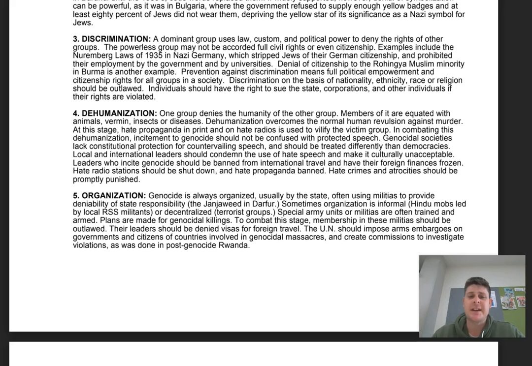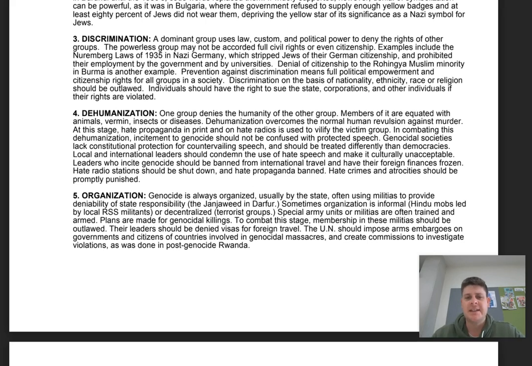The next stage of these 10 that we're looking at today is organization. Now, it's one thing to have dehumanization and discrimination happen. It's another thing to actually justify it and combine that into an organization which pursues these minorities. We're starting to see militias built up in Rwanda.